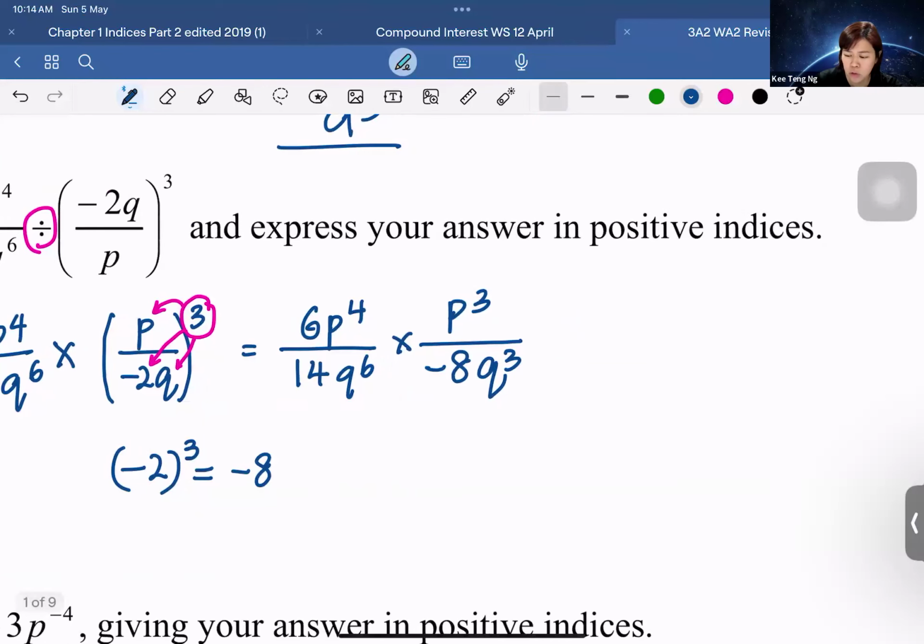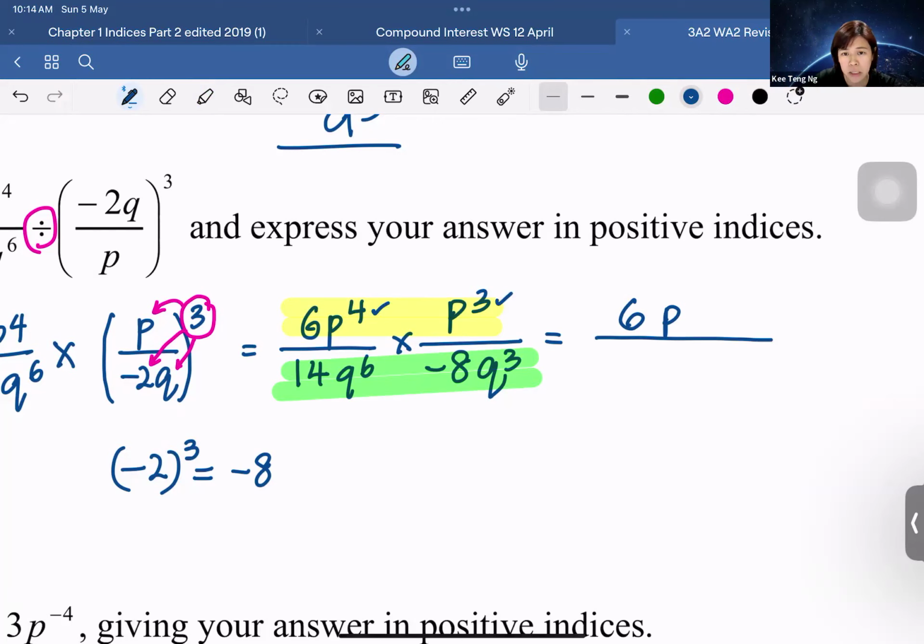Right? So usually I know that students like to do cancellation, but it's very difficult or dangerous to cancel, and then sometimes you forget the terms that you have. So usually what I'll do is I'll just multiply numerator with numerator, denominator with denominator. I'll get 6P to power 4 and P to power 3.